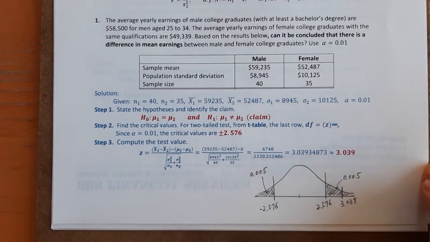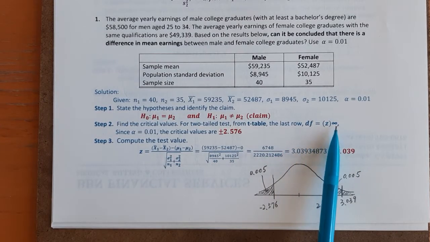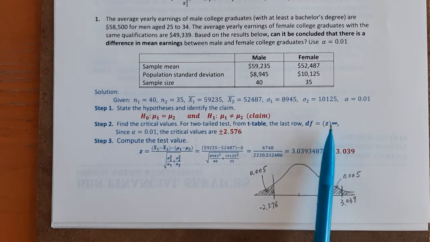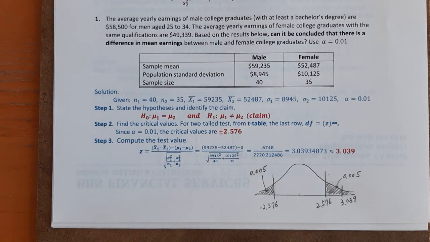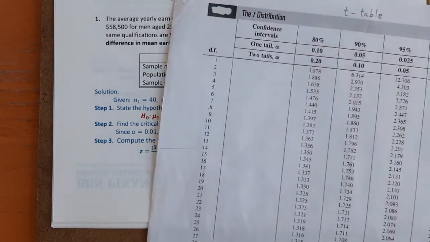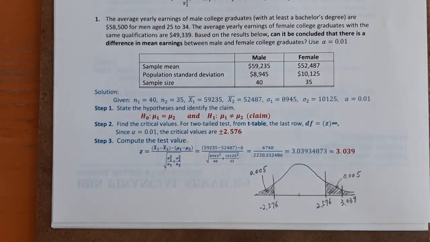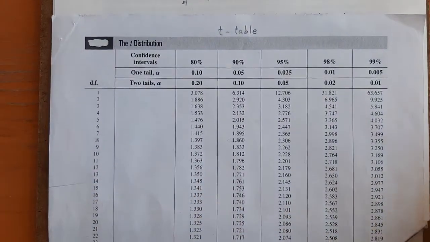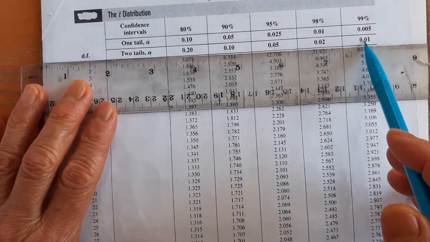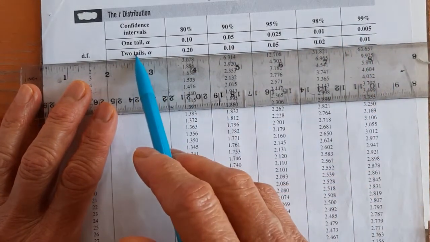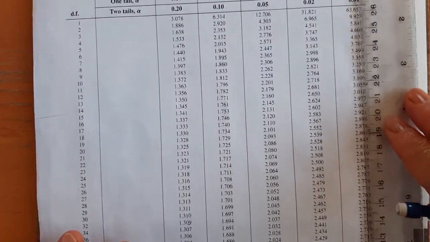Step 2, find the critical value for a two-tailed test from the t-table on the last row, where the degree of freedom is infinite. That is for Z. Alpha equals 0.01, two-tail test, which is the rightmost column.